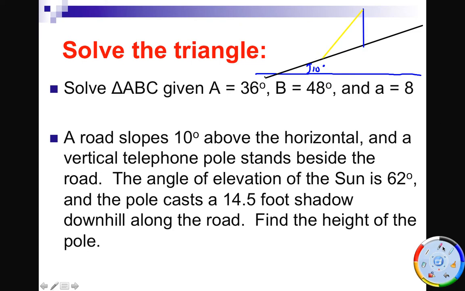Now here's the problem with this problem. It says the angle of elevation to the sun is 62 degrees and the pole casts a 14.5 foot shadow. Okay, well that's nice because this is the shadow, which is 14.5, oops, not degrees, feet. Then the question is, where are all my other numbers? Because I can't solve this triangle without numbers here.